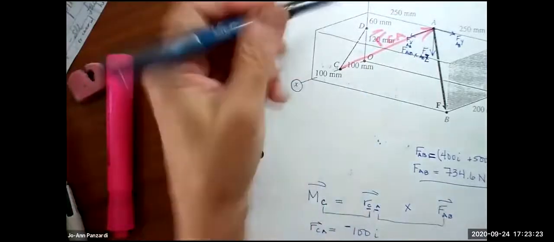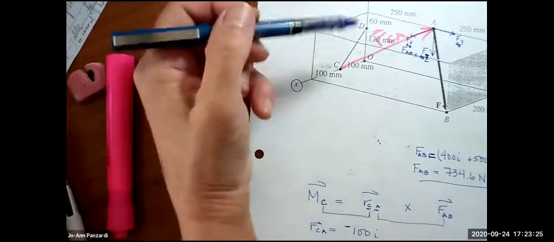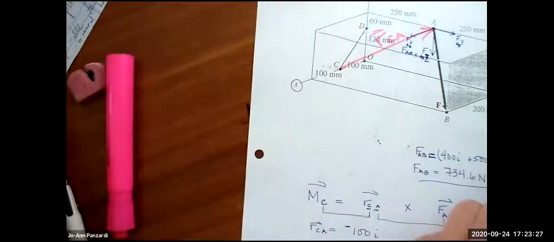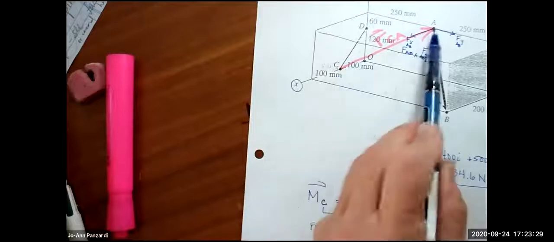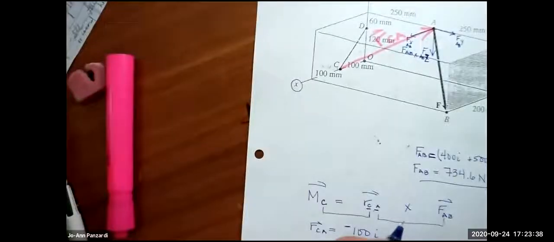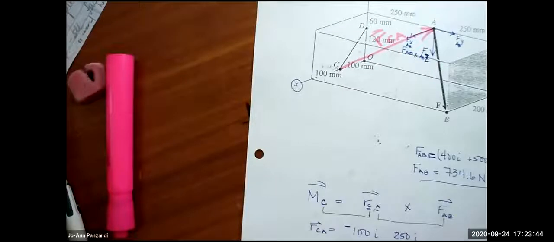Okay, how about Daniel H? What about Y? Here's my Y axis. Going from C to A, what's the distance I'm going? Okay, Daniel I. From C to A. Would that be 250 millimeters? Yep. Positive or negative? Positive.